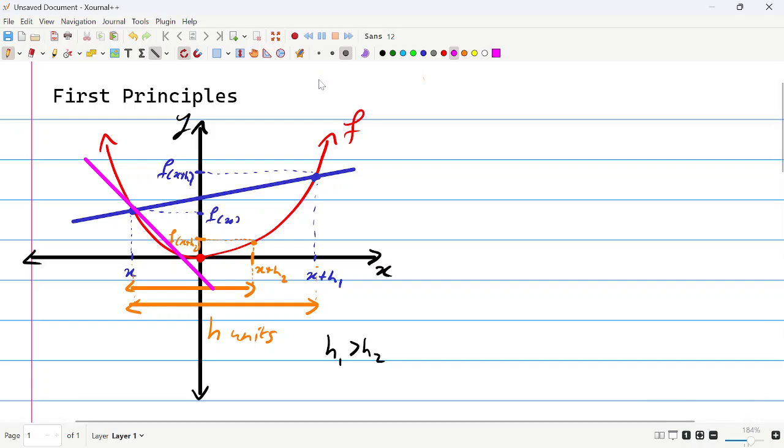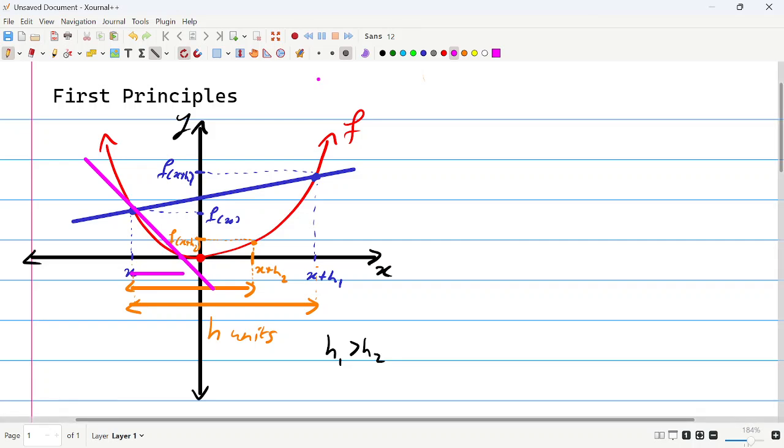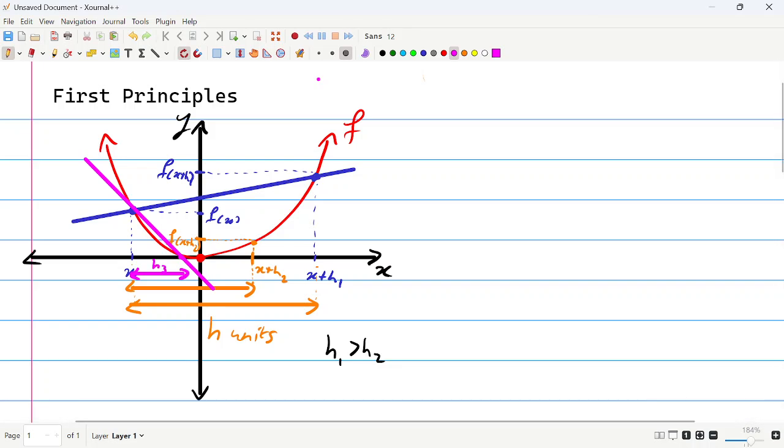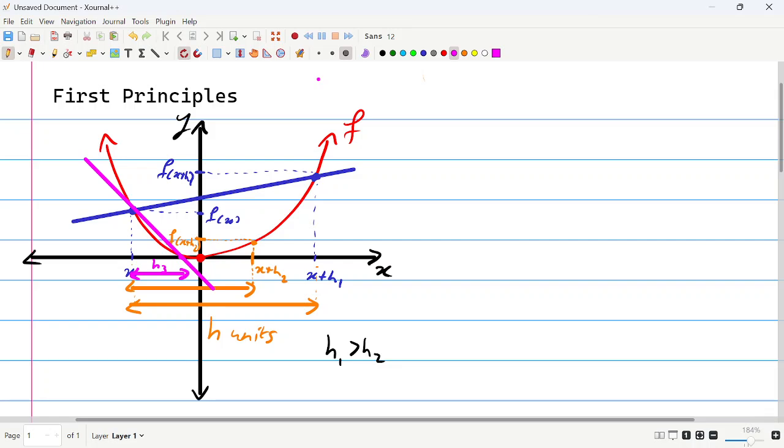If we take the purple line, that just means that our new h is going to be somewhere here, meaning our h is going to get smaller. So let's call this h3. From here, what do you notice?